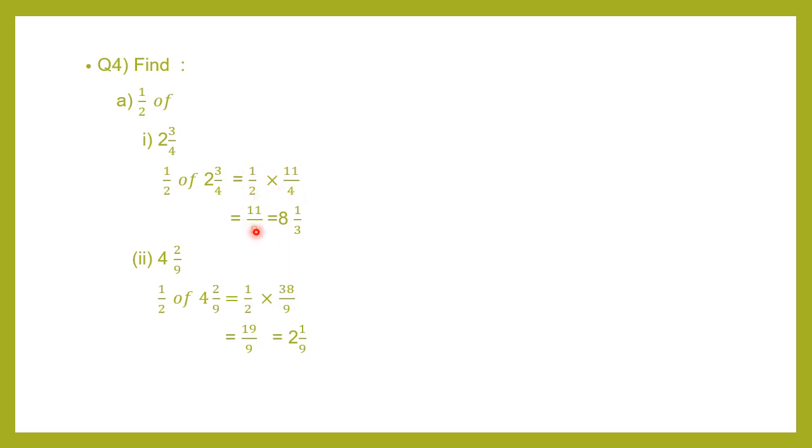We can convert this again into a mixed fraction by dividing 11 by 8. 8 ones are 8. 11 minus 8, that is 3. So what is the answer? 1 3 by 8.